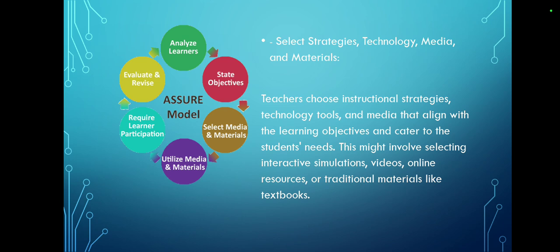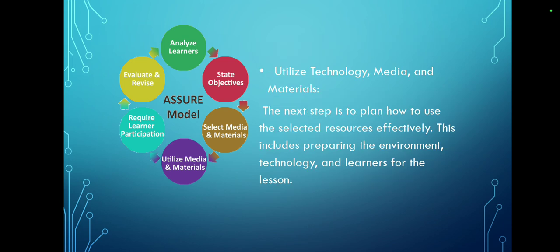This might involve selecting interactive simulations, videos, online resources, or traditional materials like textbooks. Because sometimes there are also some students that have no access to internet or technology that they can use. So we can also use the traditional materials, like textbooks or books or something like that.